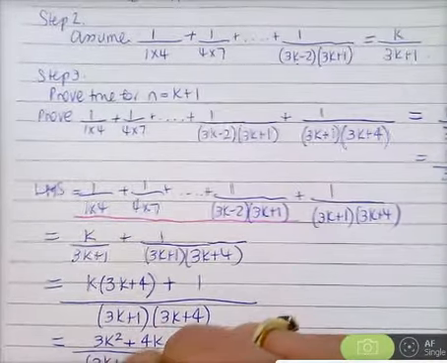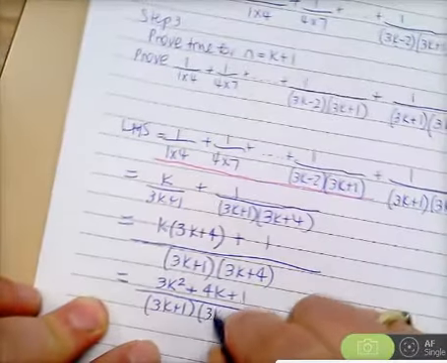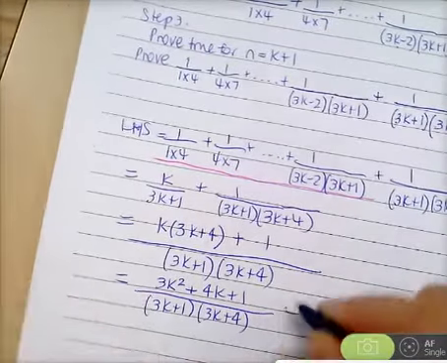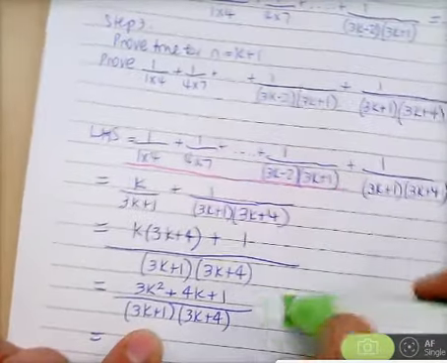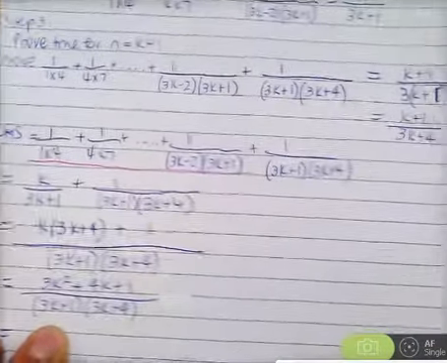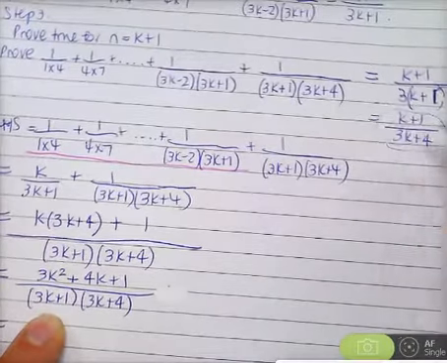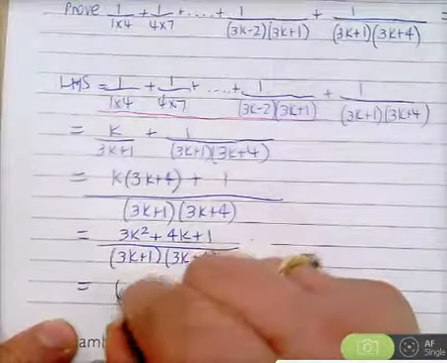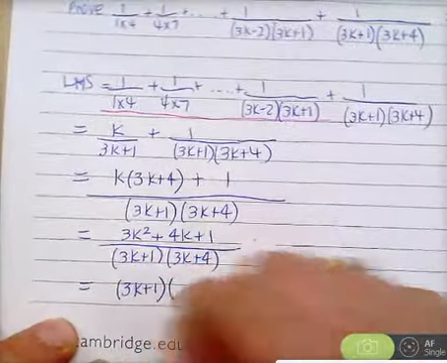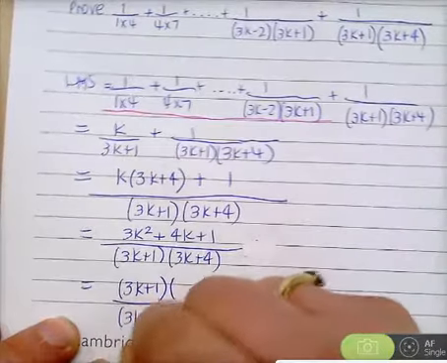What do you think I should try and do? Yeah, I think so. And let's hope you get, what do you really want to get rid of down the bottom? Girls, look what you're trying to get. We don't want a 3k plus 1 down the bottom. Let's hope the 3k plus 1 is a factor up the top. I'm going to write it as a factor and work out the missing factor.